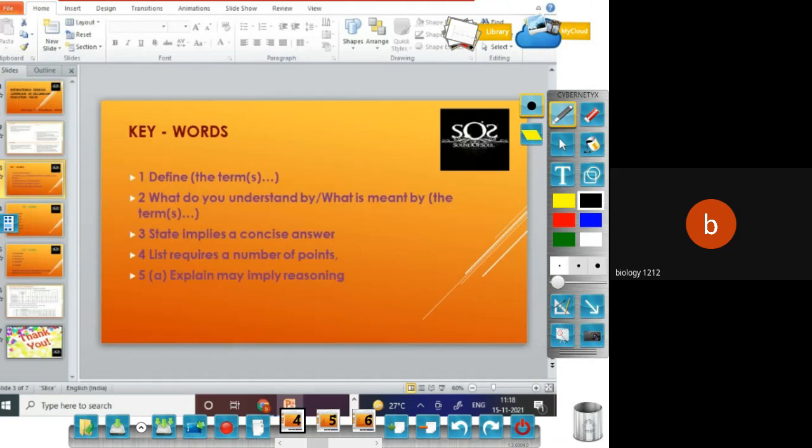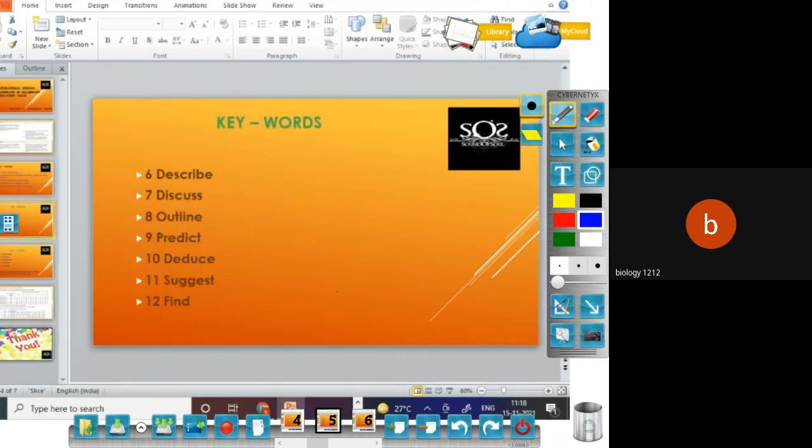Moving to the next one, which is about the keywords. Please remember the keywords in the exam. These are the keywords that they give you in the examination paper. Please clarify these terms with your facilitators or subject teachers: what do you mean by define, what do you understand, what is meant by. State or list requires a number of points.